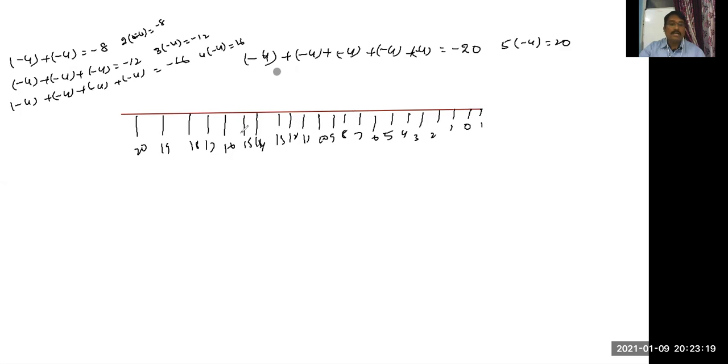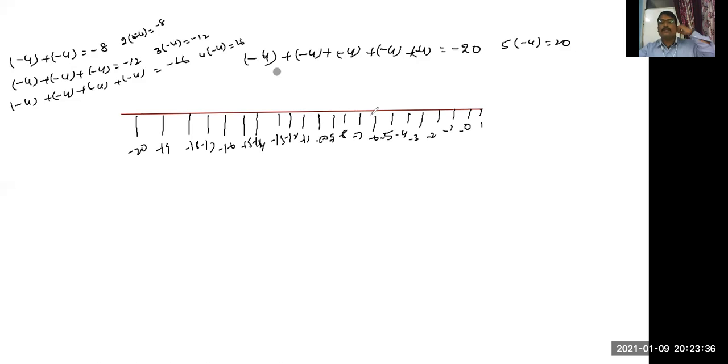These are all minus values. From 0 to the left side, when we move to the left side, these are all minus values. I forgot that. So minus 15, minus 16, minus 17, minus 18, minus 19, minus 20.